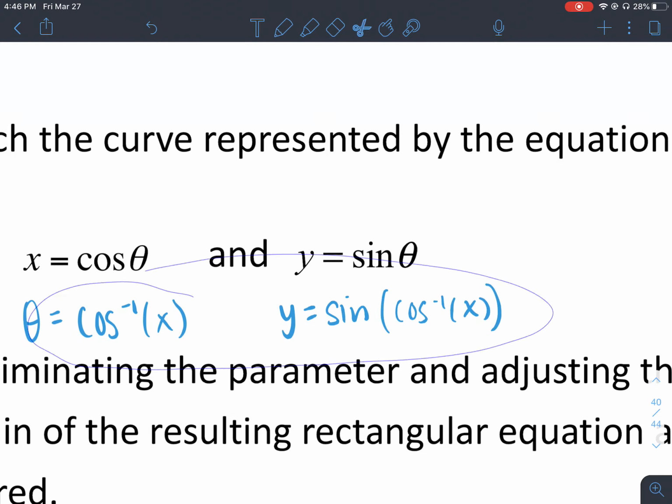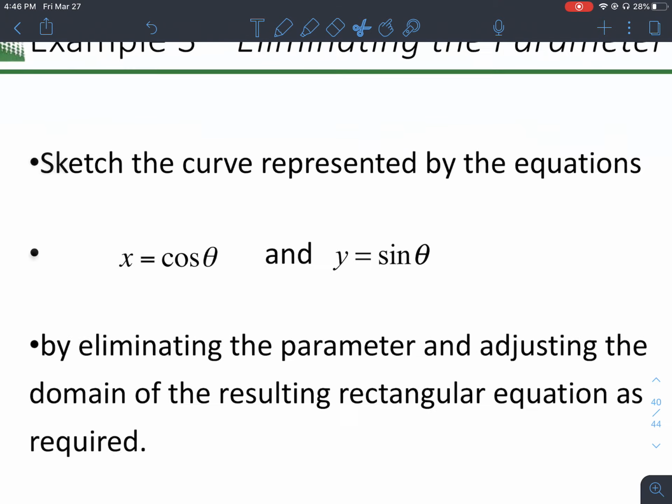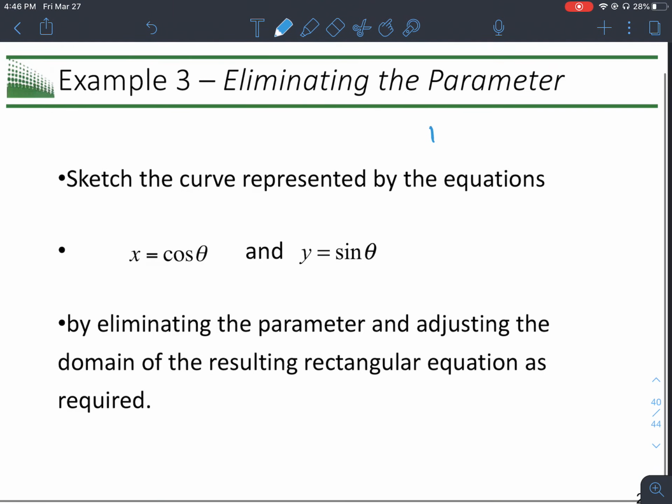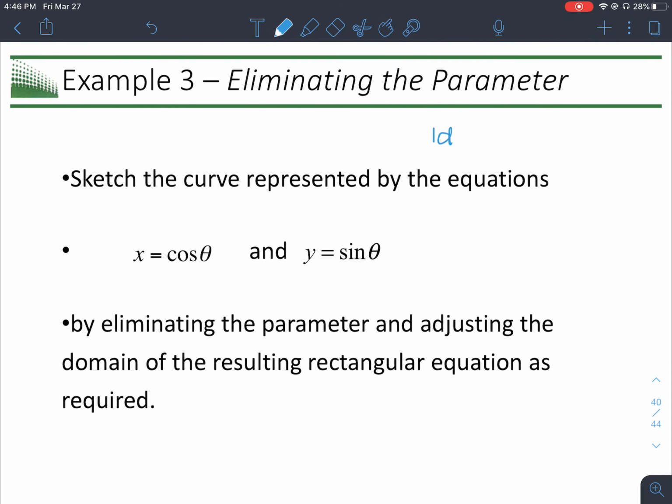So typically when you have sines, cosines, tangents, you want to look for identities. Identities are going to be your friends. Now, we're not doing those identity proofs, but we want to look for identities. Particularly if you have sine and cosine, you want to use the Pythagorean identity of sine squared plus cosine squared equals 1.